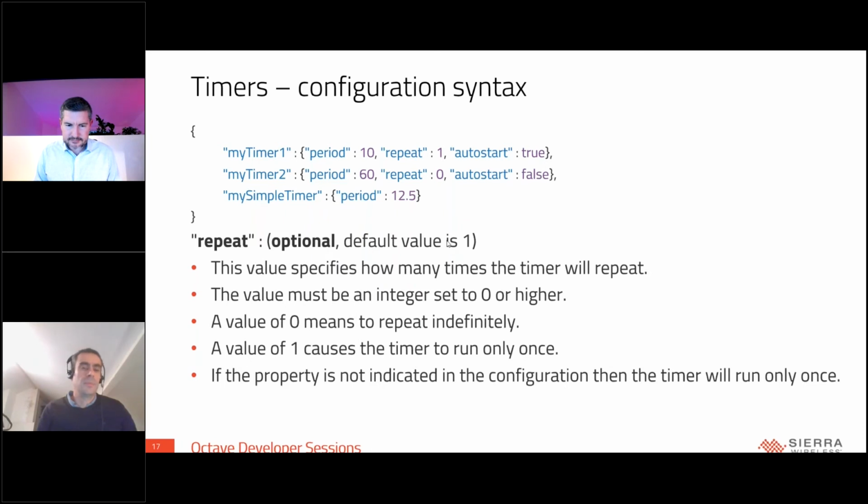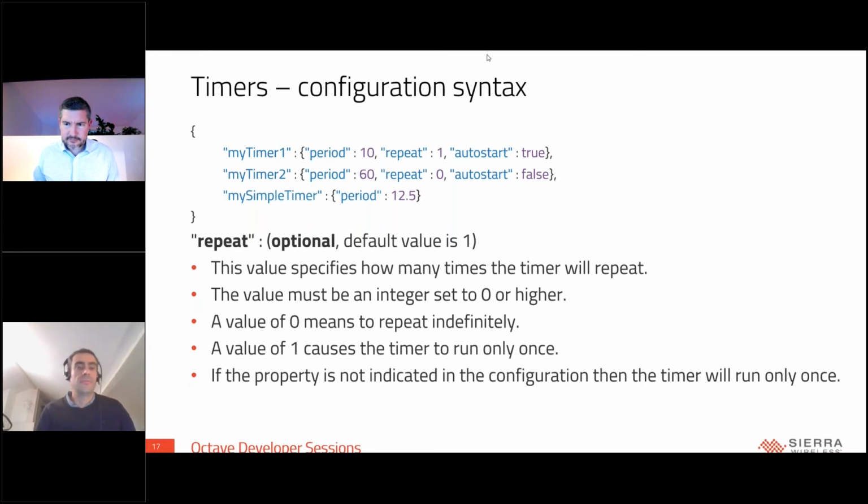And then repeat. It allows you to set the number of times the timer will fire. A value of 0 means the timer repeats indefinitely. A value of 1 causes the timer to run only once.